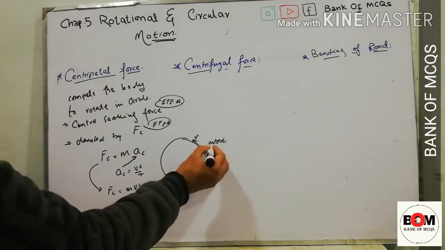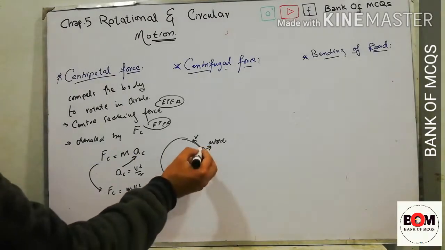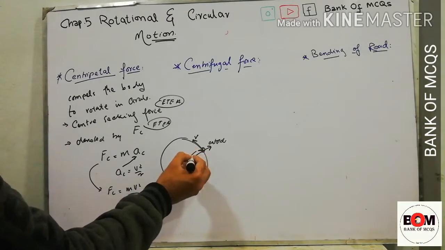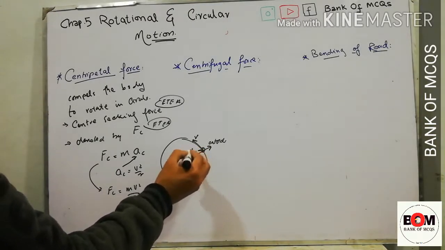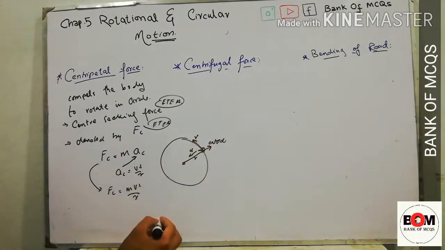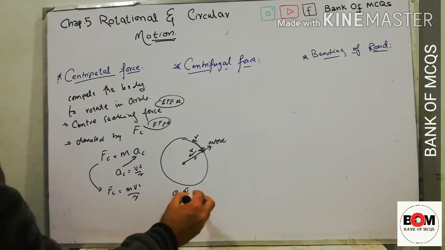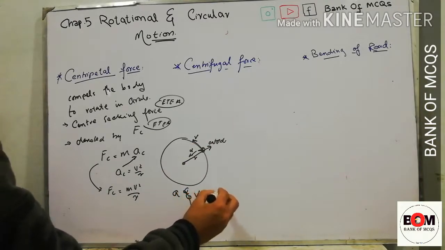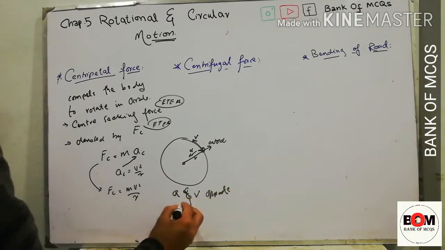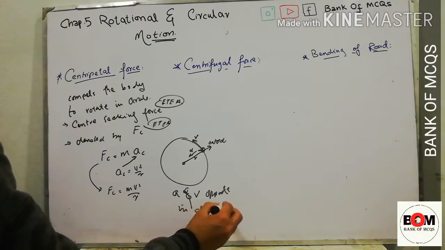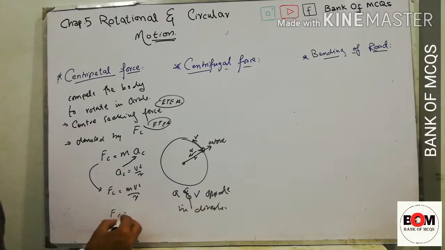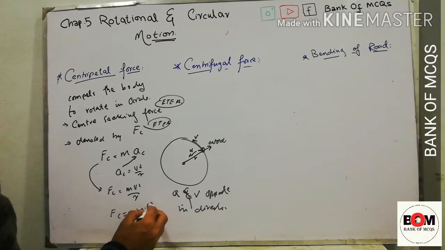The radius is acting towards outside, but the acceleration is always towards the center. So as a and r are opposite in direction, we will put here a minus sign.